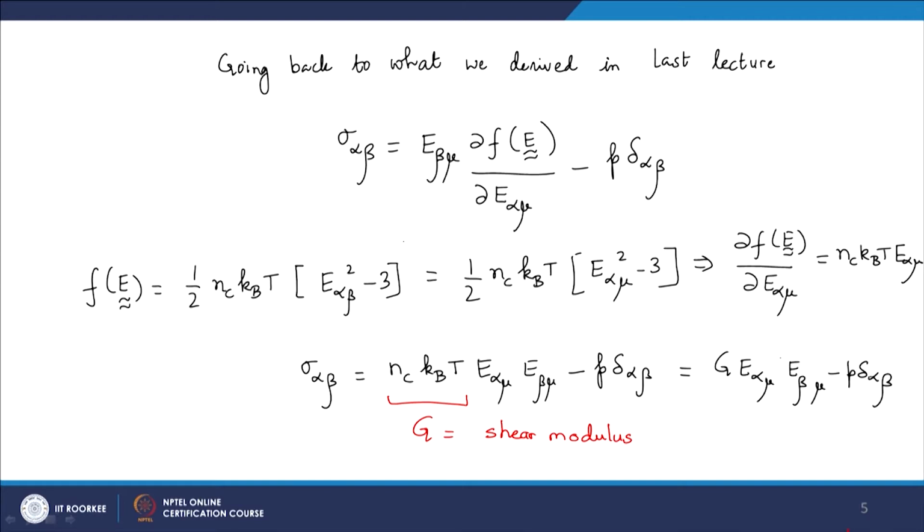Okay. So, now let us assume a shear deformation because we have identified this G as a shear modulus. Let us see what the expressions become, that would explain why we have identified Nc kBT as the shear modulus.